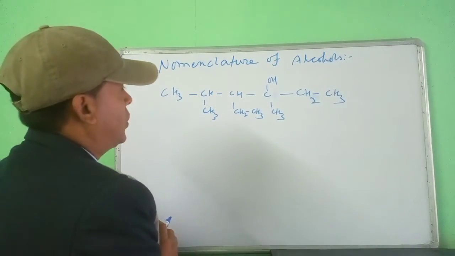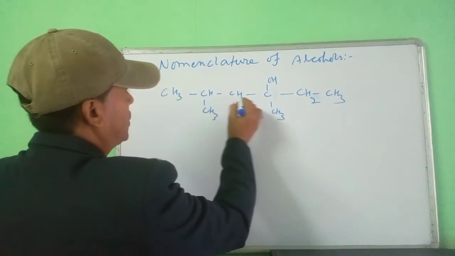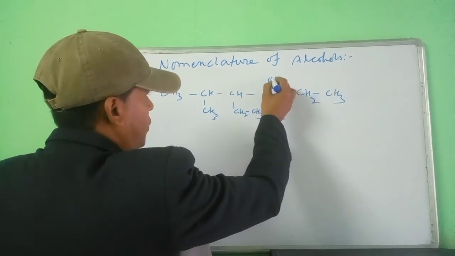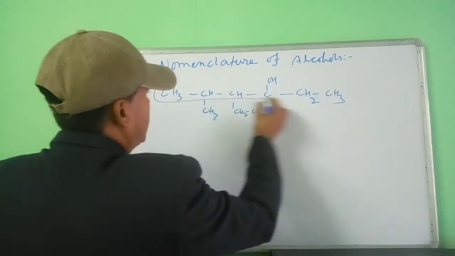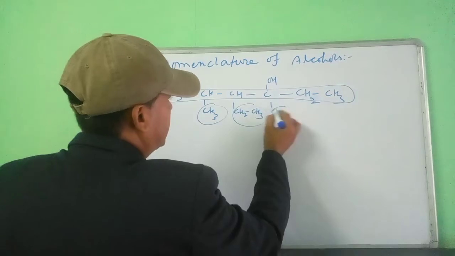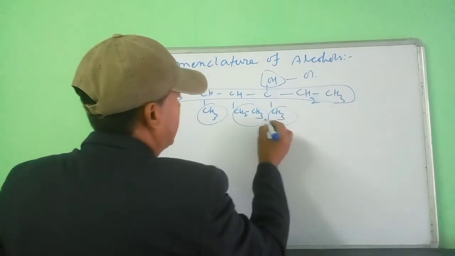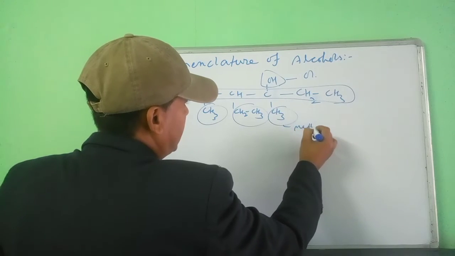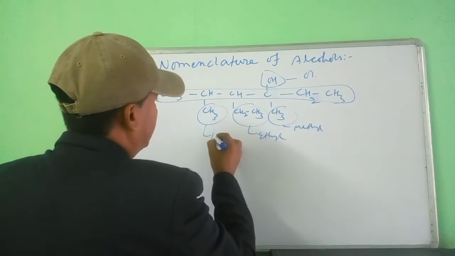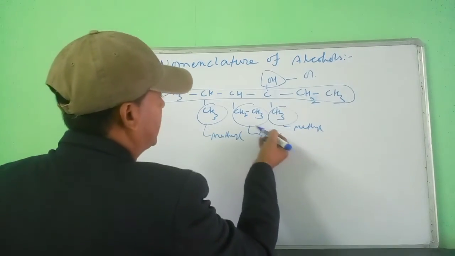Now we have to write the name. First we have to select the chain: 1, 2, 3, 4, 5, 6. So this chain, because the OH is present in it, select the straight chain. Now the others are substituents. So here the functional group is ol, and the others are methyl, ethyl, and again methyl. Okay, 2 methyl and 1 ethyl.